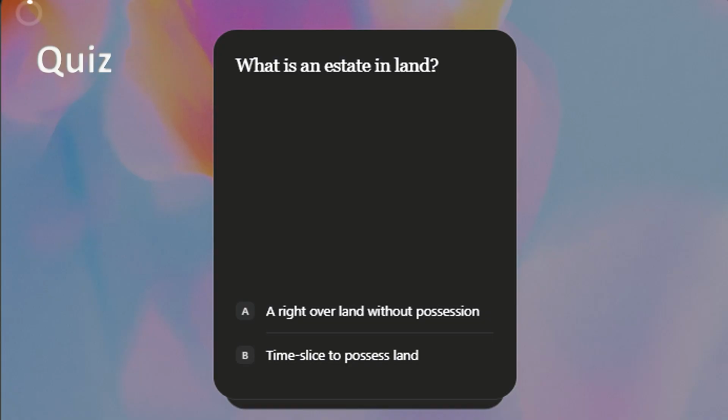Yeah, so that's it. Let's just have a little quiz to wrap things up. What is an estate in land? Just think about that for a second. Alright, so estates should be those time slices that we have seen where you possess the land for a period of time.